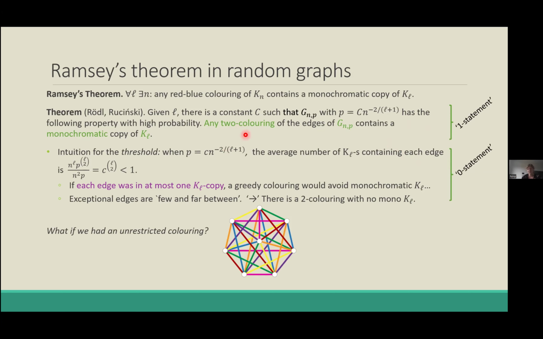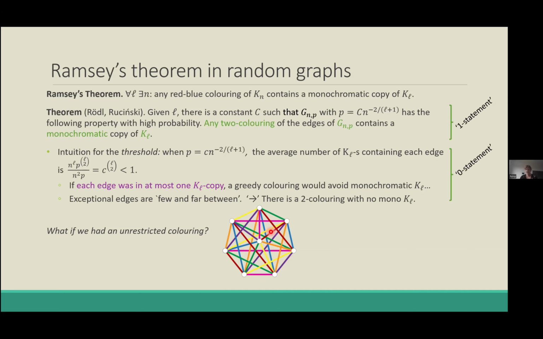So in the Rödl and Ruciński theorem, the adversary can only use 2 colors, and this actually extends to an arbitrarily bounded number of colors. But now, if you say the adversary can use any coloring, any number of colors, no assumptions on the structure, what kind of K_L copies are we guaranteed to find?